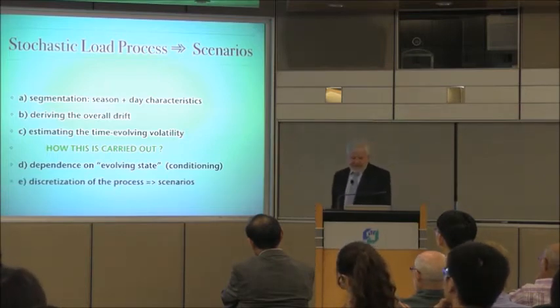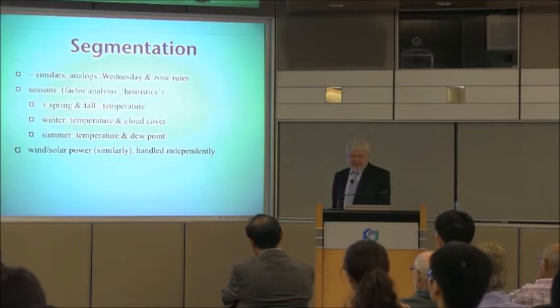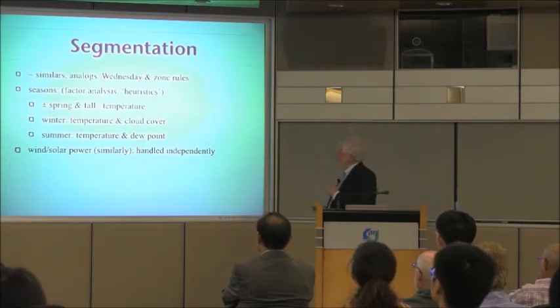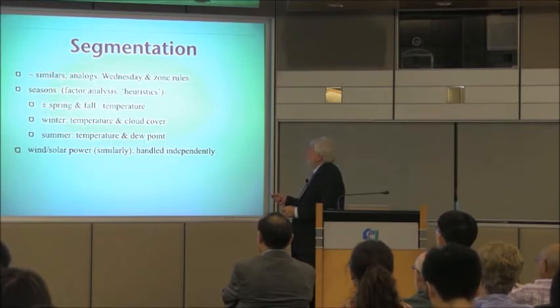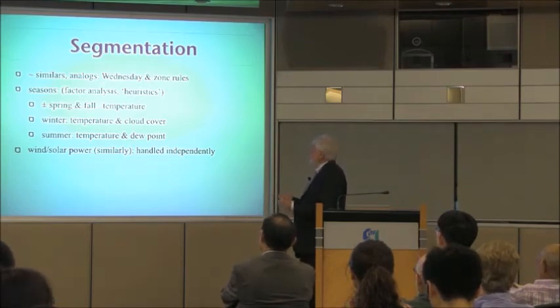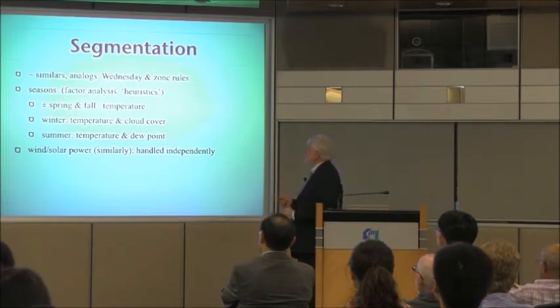Now, what is a segmentation? The way we create enough of these segmentations is by creating the Wednesday rule and zone rules in order for us to beef up the data so that we don't have simply predicting if it's a Wednesday. No, we will have a transformation going from every day to Wednesday and from Wednesday to every day.